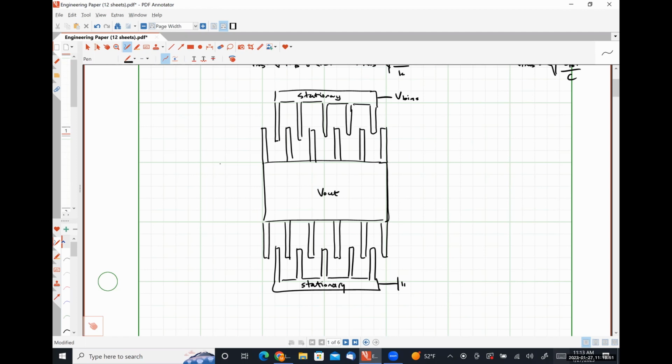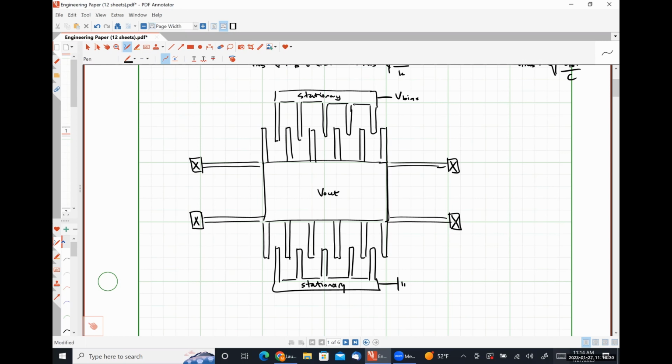And our structure will be mounted to a mechanical suspension that is some number of guided beam springs connected in parallel. It's going to be made of polycrystalline silicon, which has a particular Young's modulus, and all that kind of good stuff.